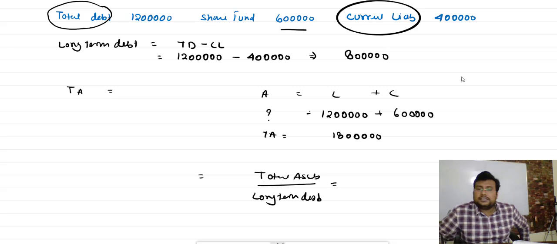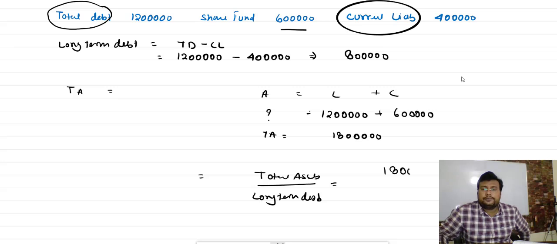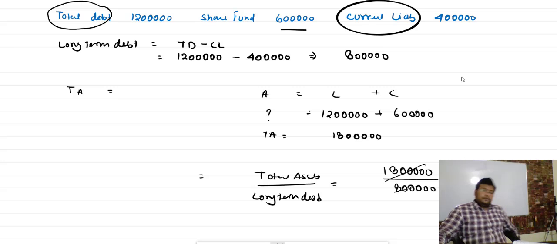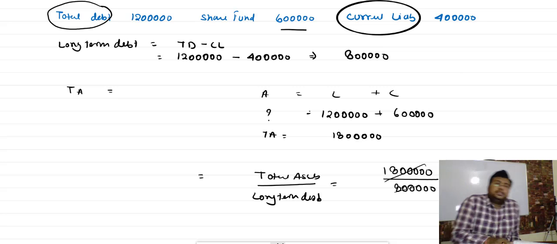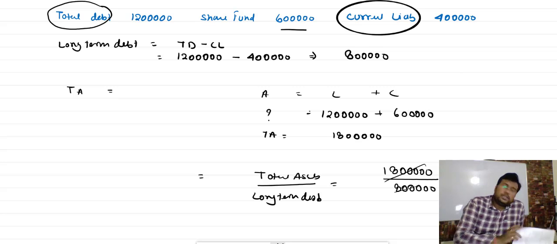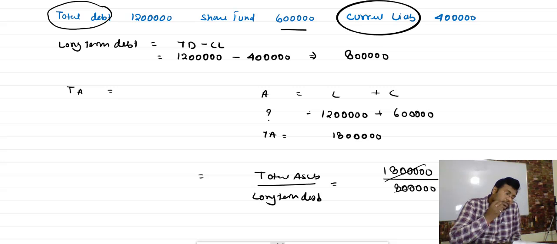Total assets is 18 lakh divided by long term debts 8 lakh. 18 divided by 8, you will get the answer 2.25 is to 1. So this is the answer for the total assets to debt ratio. So this way we will solve the total assets to debt ratio.